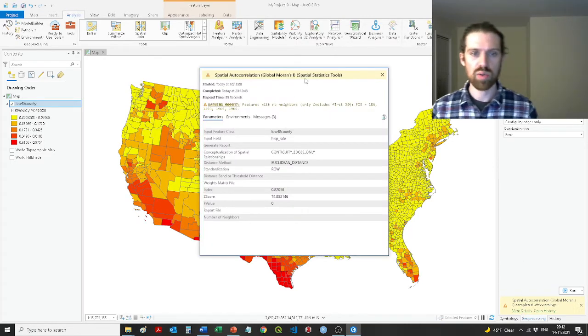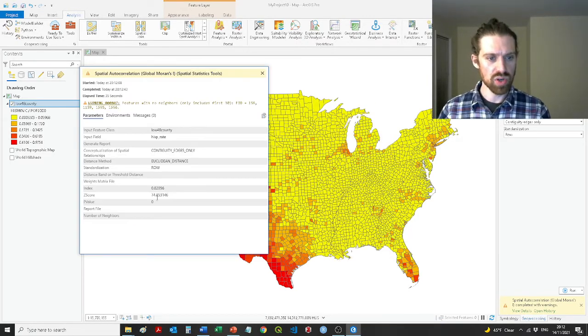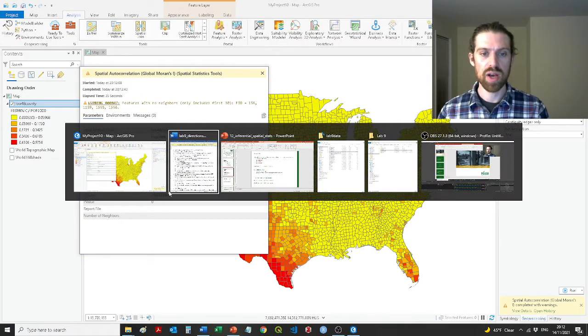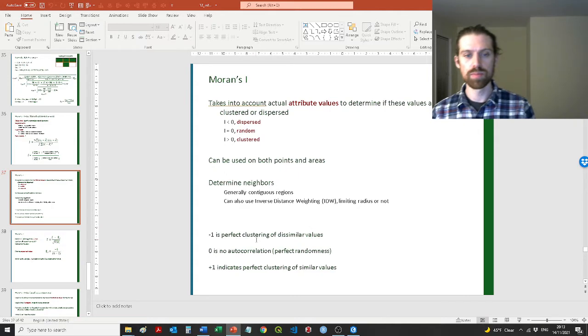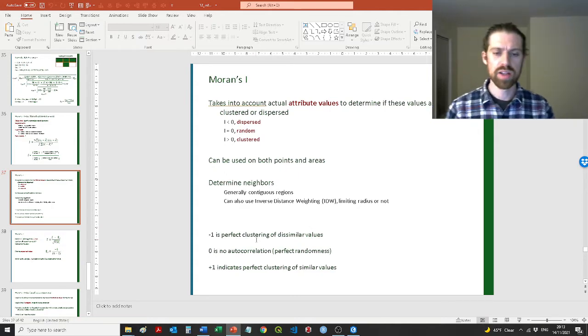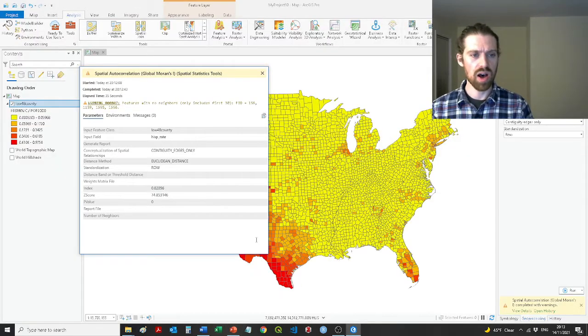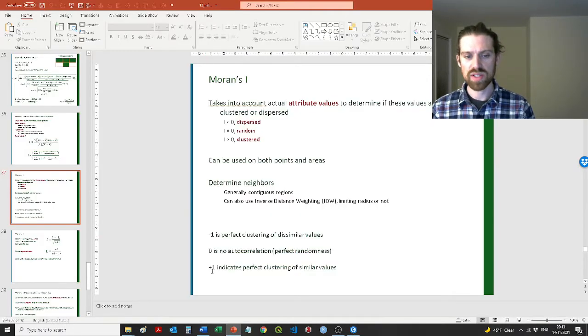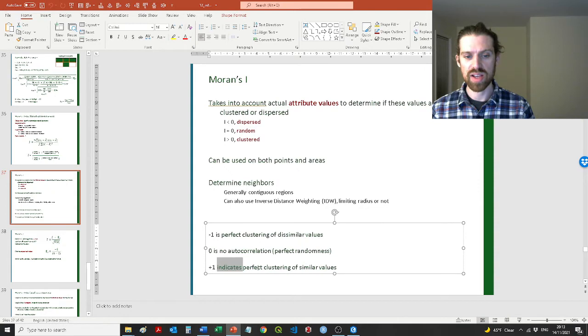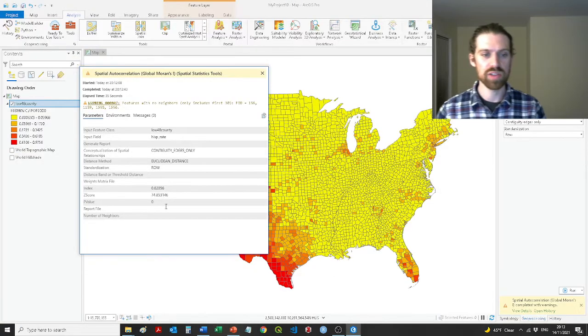So look, now we're able to go in and look at the z-score which we've got, which is very large. Okay, so it's 74. Our index, which is indicative of how clustered or unclustered the data are, okay, this is our I metric, so Moran's I. Obviously this is close to 1, okay, so this is indicating a very, very high level of clustering.